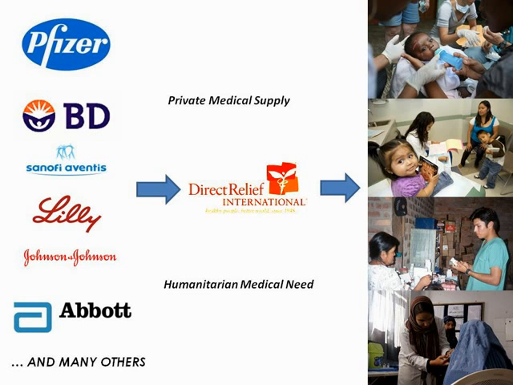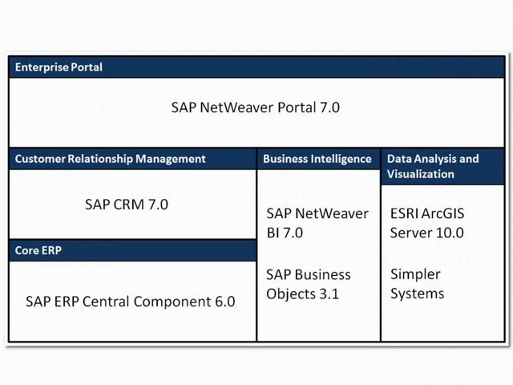So everything that we do has a spatial dimension, and that was where GIS became a really obvious fit for us in terms of thinking through how we analyze our programs and how we communicate what we're doing. In order to accomplish our work, we use a lot of information technology, and Esri sits within an ecosystem that for us is dominated by SAP, which is our enterprise data system.